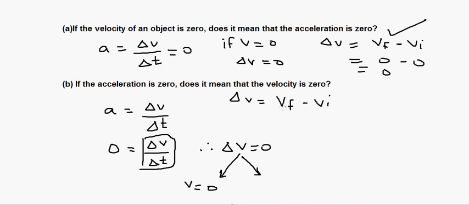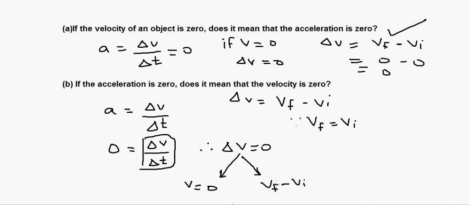So if v final is equal to v initial, that is, there is no change in velocity, still the delta v is going to be equal to 0, right? So the second possibility is v final is equal to v initial.